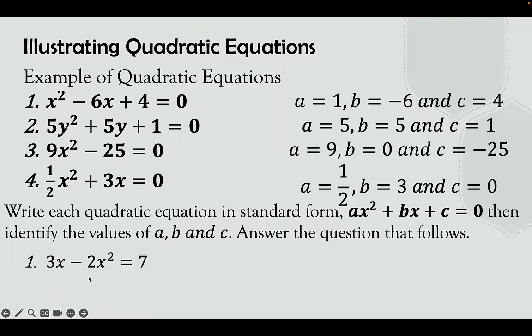Next, we have 3x minus 2x squared equals 7. Our goal in the standard form of the quadratic equation is that the right side must be 0.